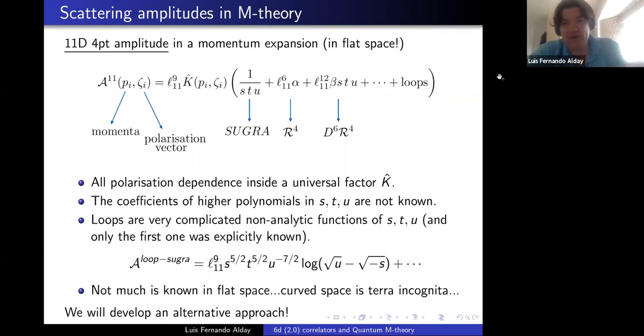But at each order, you will have polynomial ambiguities. And in order to fix these polynomial ambiguities, this in a way is the non-trivial information that M-theory should tell us. So all the non-analytic piece, all the discontinuity piece follows from previous orders.